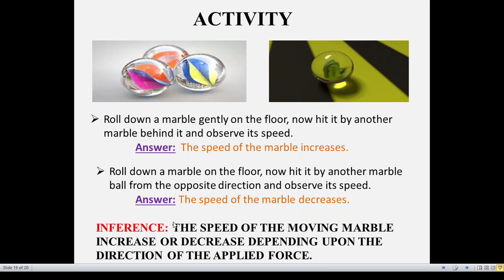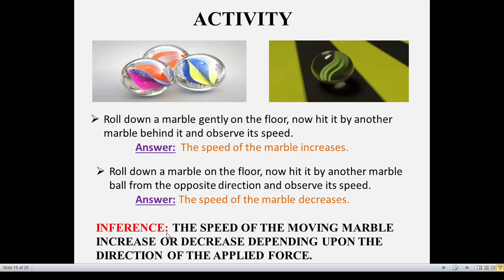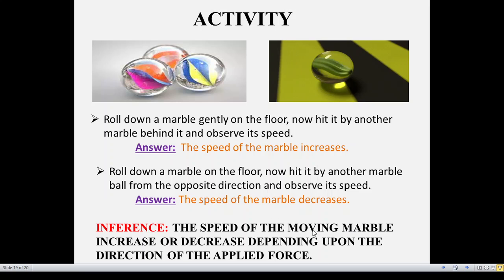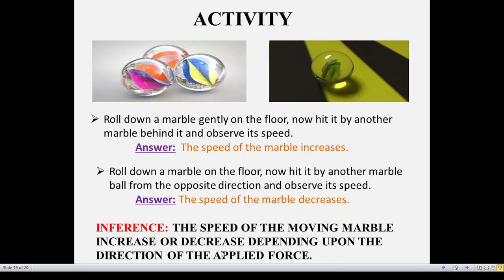From that activity we come to conclude, what is our inference? We conclude that the speed of the moving marble increases or decreases depending upon the direction of the applied force.